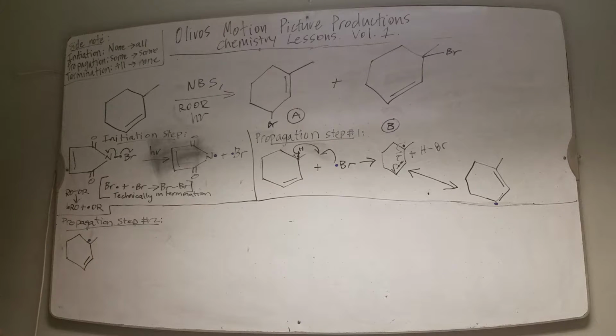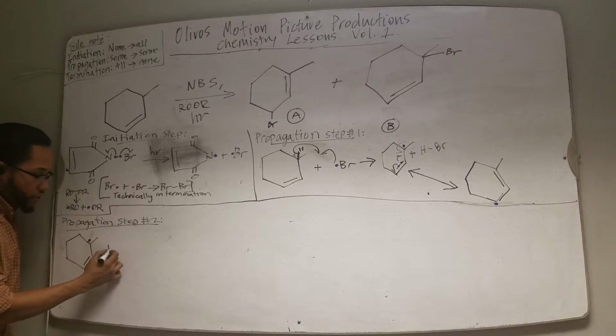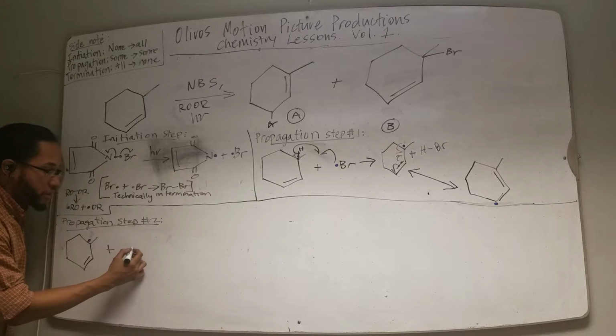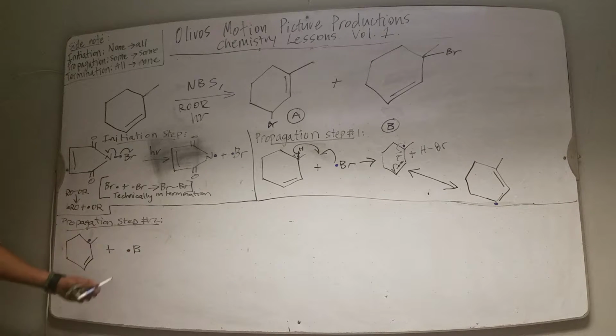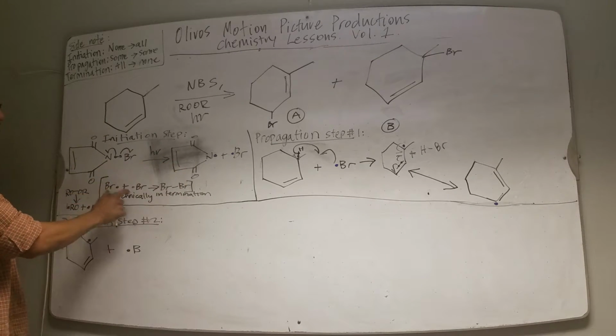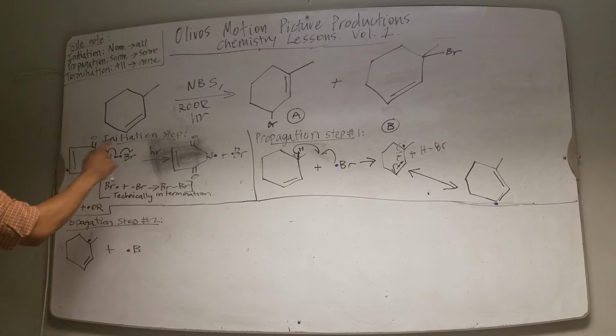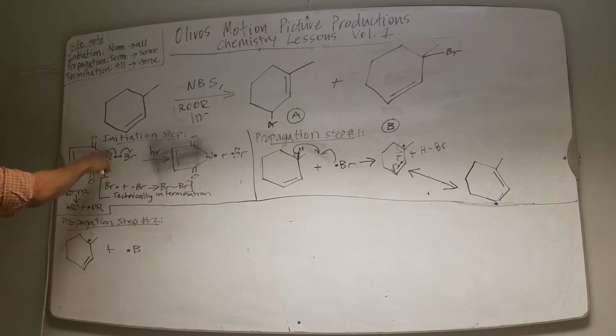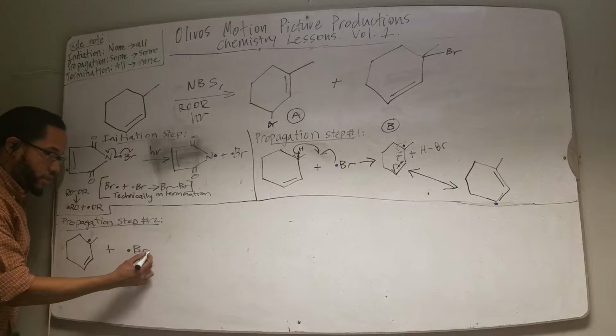So what happens there is that you could add another radical. Now you're finally asking, oh, where are these radicals coming from? They're all over the place. Like I said, you still have a bunch of radical bromines hanging around. When you broke it apart, you made a bunch of radical bromine.